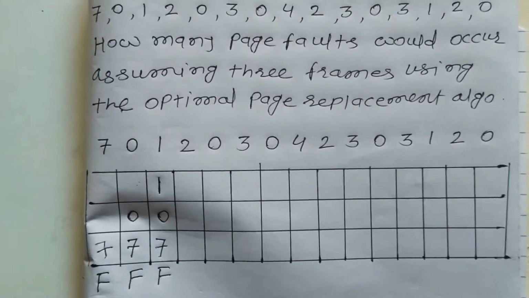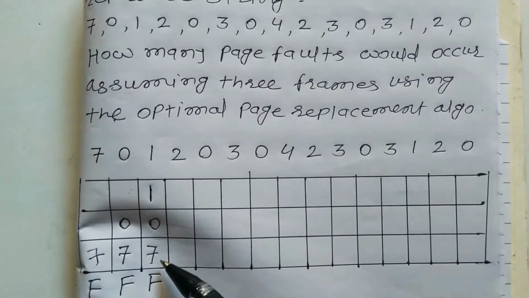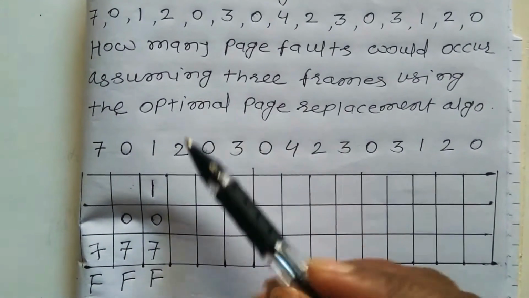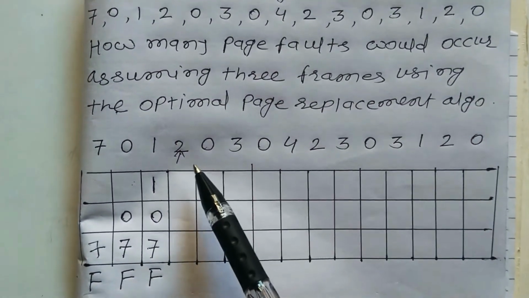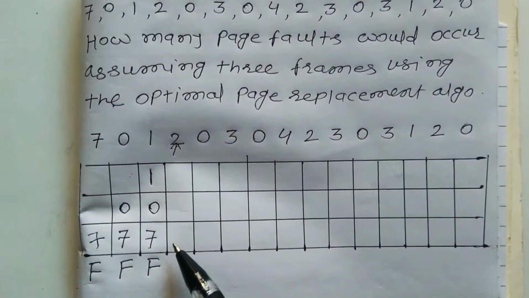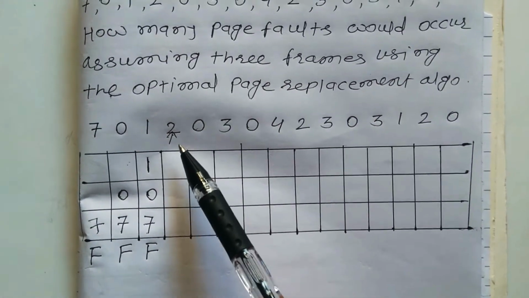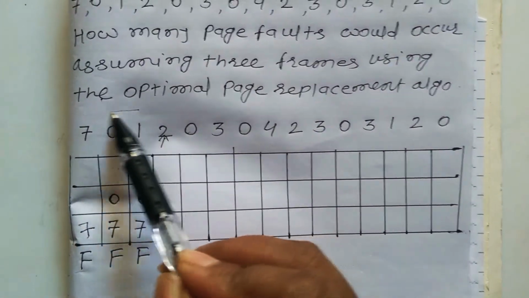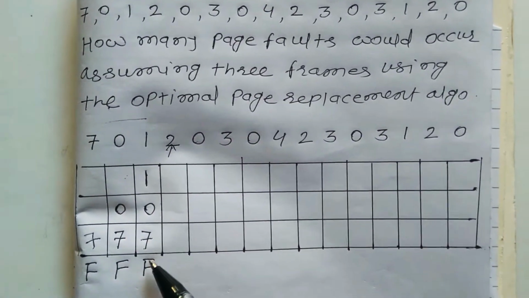Now all the frames are full, and you have to place the next page, that is 2. Using the optimal page replacement policy, how are you going to place this page in the main memory? As you already know, in the least recently used algorithm you consider the left hand side of the page you want to place in the main memory.